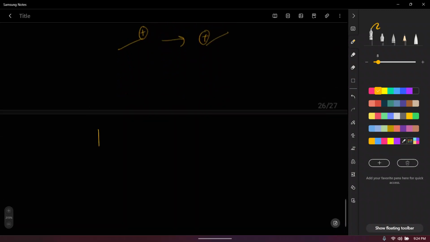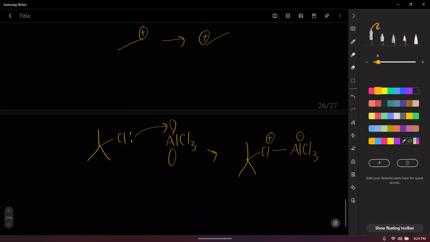So if I had something like tert butyl chloride, and I reacted it with AlCl3, the chloride would go attack the aluminum, right? And that would get me to here. Obviously, chlorine doesn't want to be positive, so that would go up there. And that would get me to here.